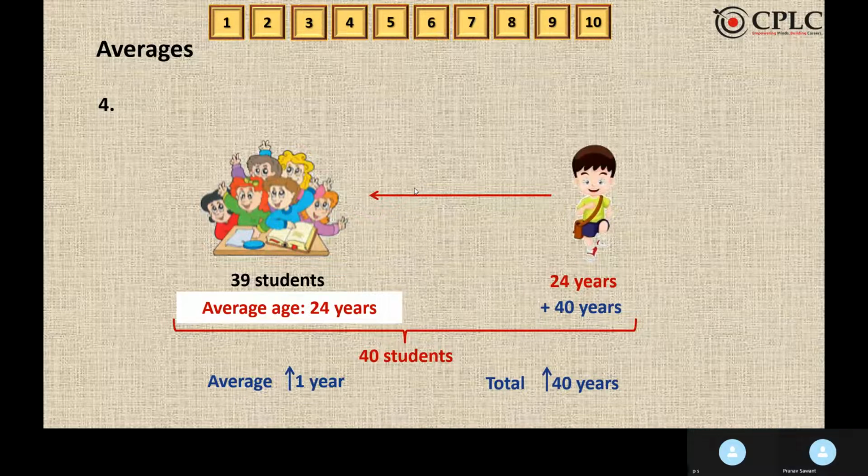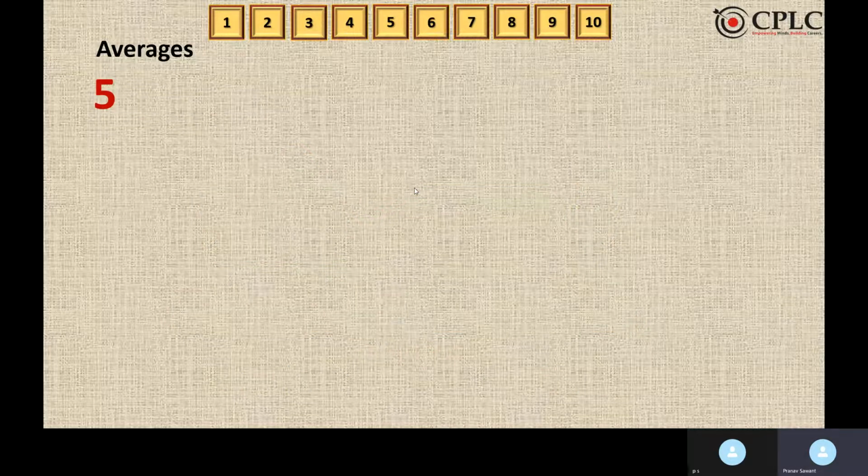Hence, the total number of years will be increased by 40. So what I'll do is I'll simply do 24 plus 40, that is 64, and 64 is the answer. Moving to the next question.